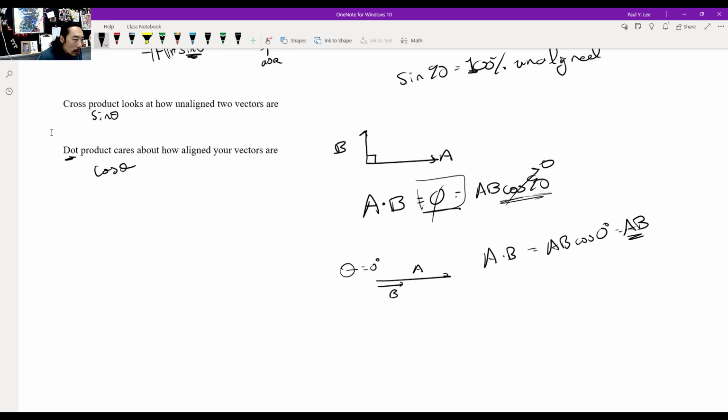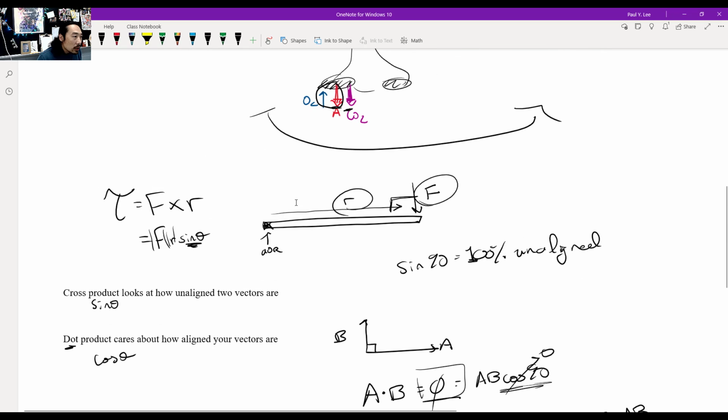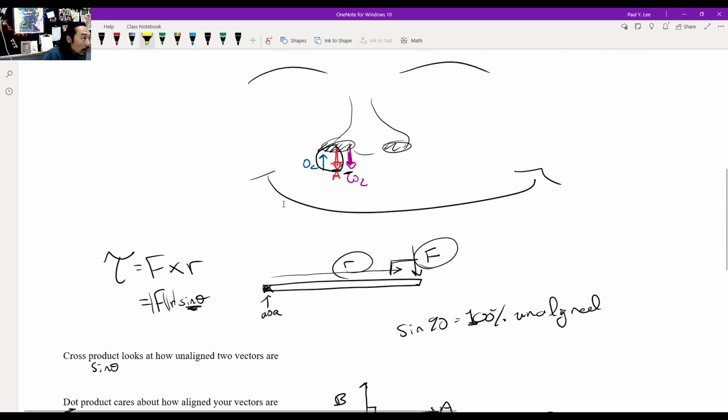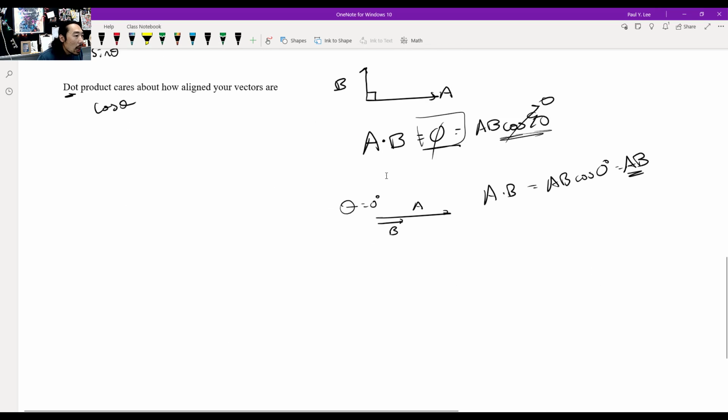All right, but what if, going back to my example here, when they are perfectly aligned, we're looking at this area here and the CO2 coming out, perfectly aligned. But what if they are aligned but pointing the opposite direction? So here we have A, and then here we have B, and this angle right here is 180.